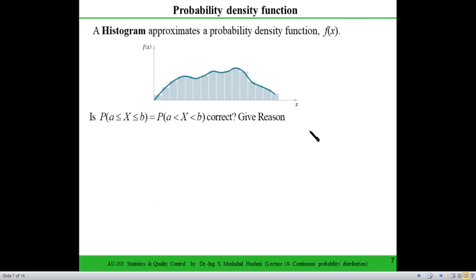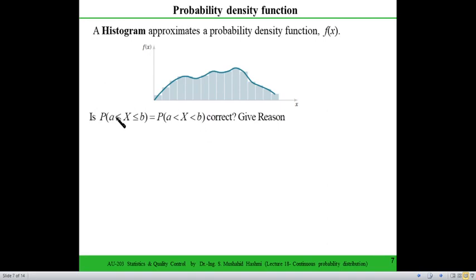So let's say, for example, you have a question like this, and your random variable can take any value in the interval from a to b. If I am interested in calculating the values equal to a and greater than a, as well as equal to b and less than b, is it the same to write like this?